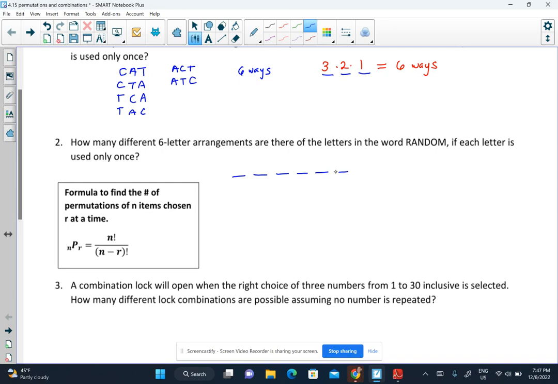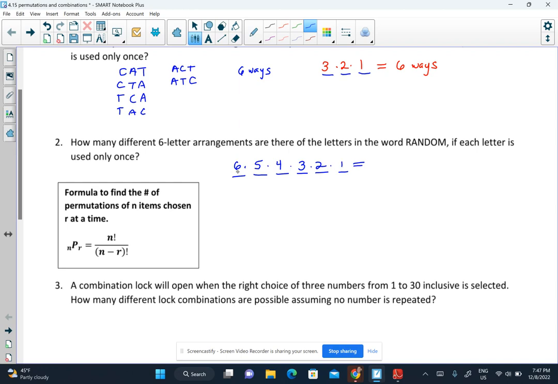We're arranging 6 letters, so we have 6 slots. So we have 6 ways to choose the first, 5 ways to choose the second letter, 4 for the third, 3 for the fourth, 2, and 1. And then we would multiply it out.